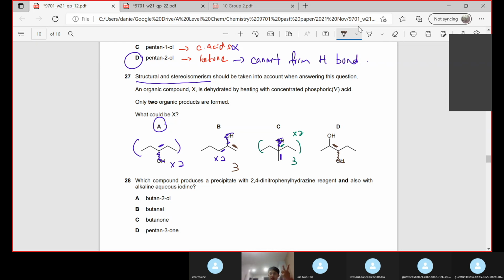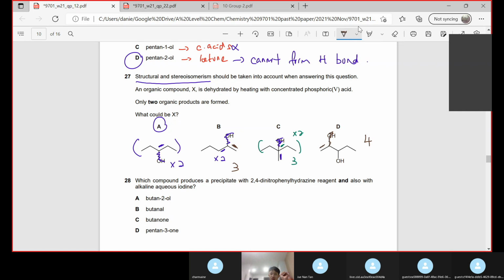So over here another 2 products already. So we already have 2 initially, cis trans, then another 2 here. So total we have 4, if not mistaken. 1, 2, 3, 4. Oh, one more. One more is like this.